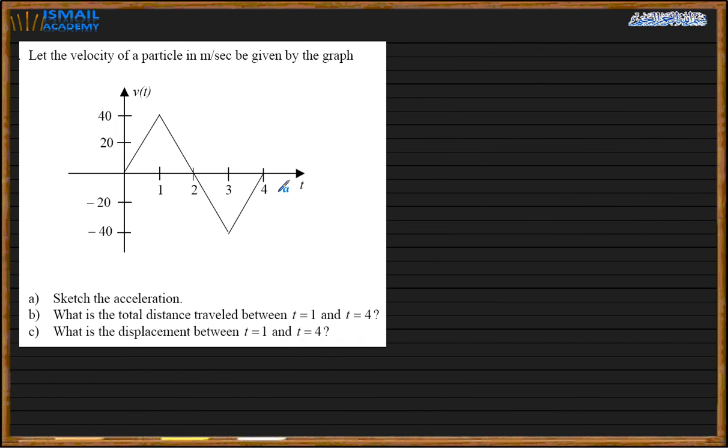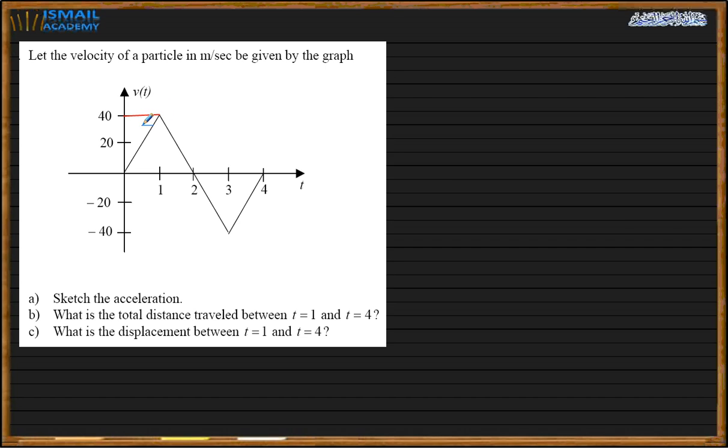Let's do this question. So velocity. The slope is 40 because it's run 1 and rise 40. That means the slope is 40, so the acceleration will be just 40.